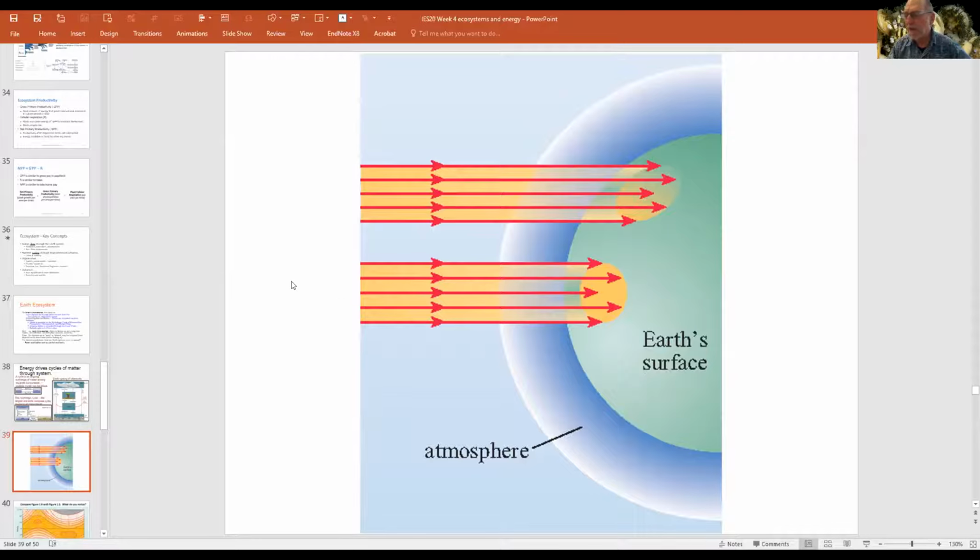But effectively speaking, this energy is traveling in straight lines from the sun, and it's arriving at a spherical body.